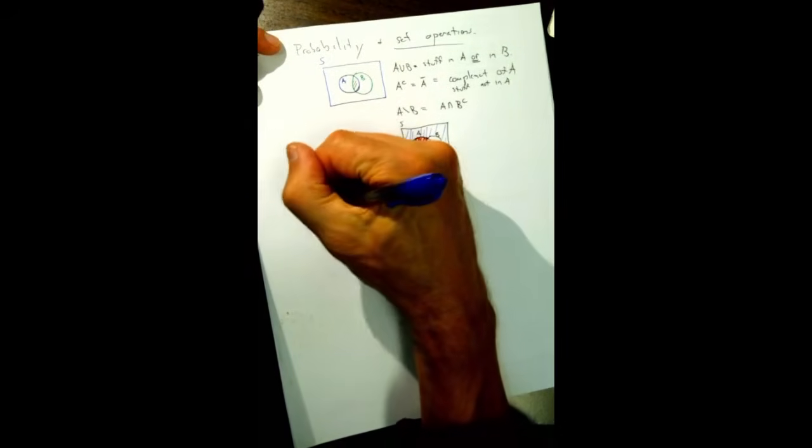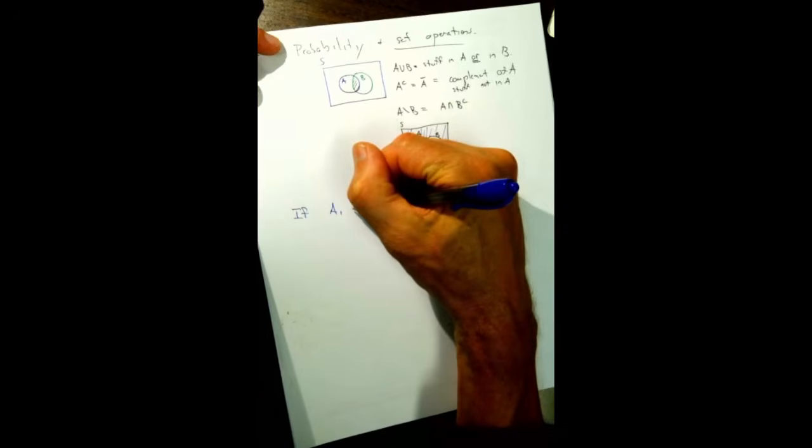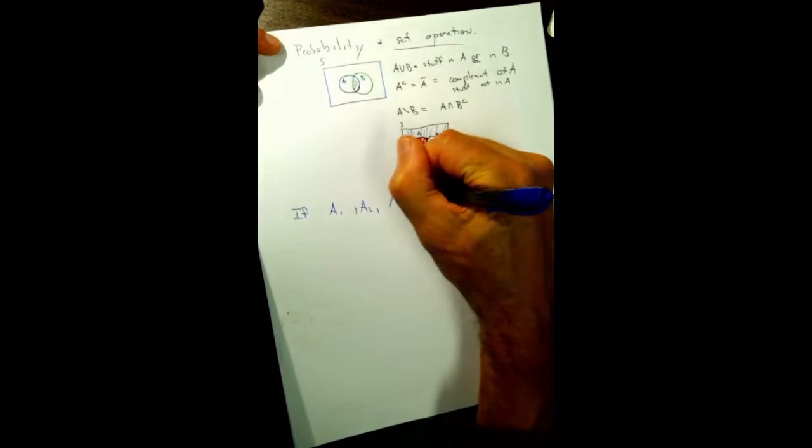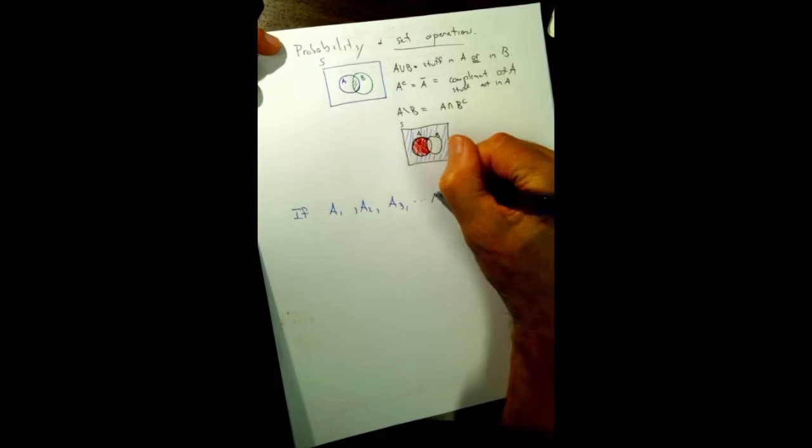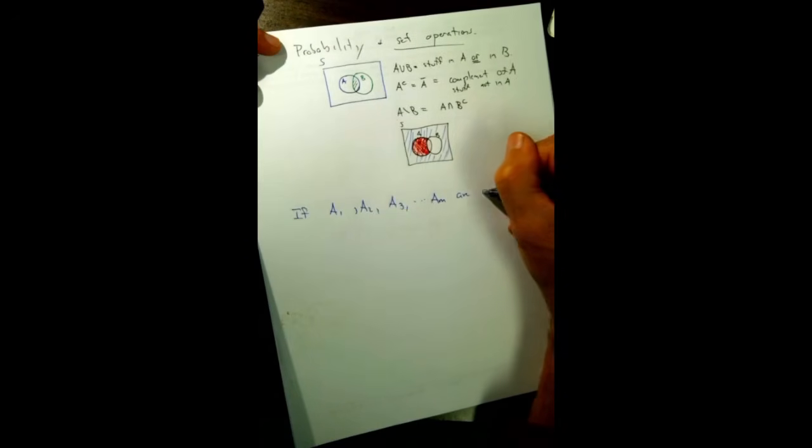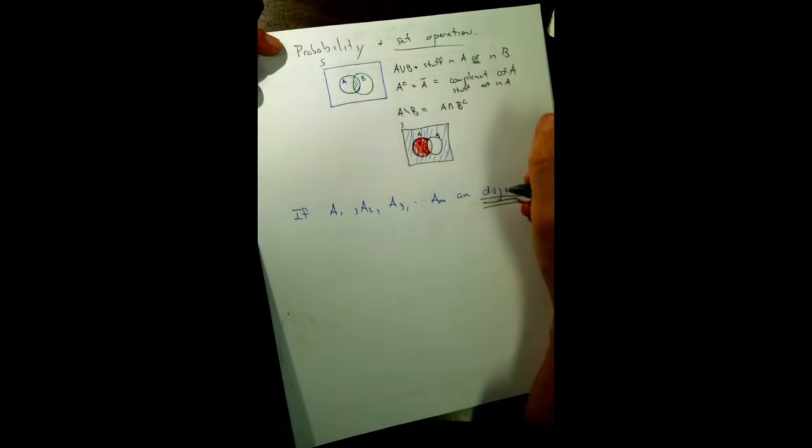For example, we've alluded to this. If I've got a bunch of sets and they're disjoint, and I can't emphasize enough how important that is. Later on, very soon, we're going to have to figure out a way to get around this, because this rarely happens in real life.